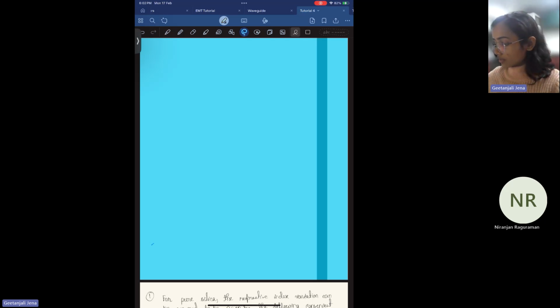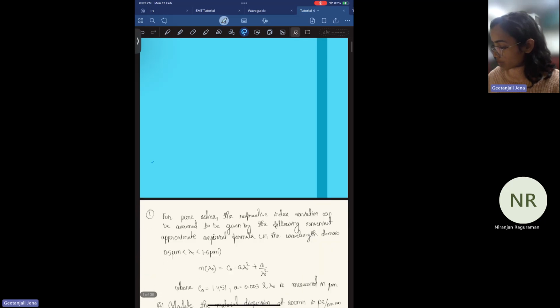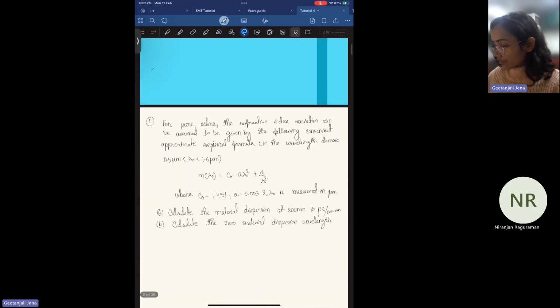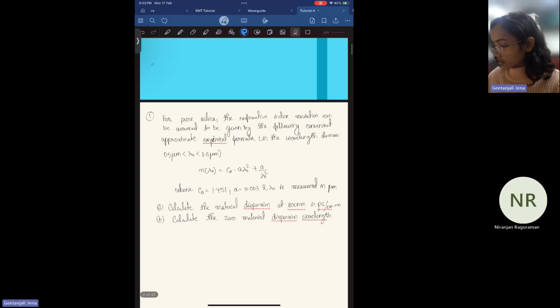We'll start from question number one, which is based on a refractive index profile. The question asks what the material dispersion and the zero dispersion wavelength are. Let me read out the question.